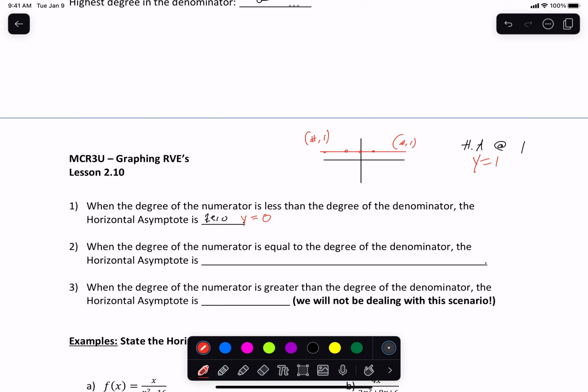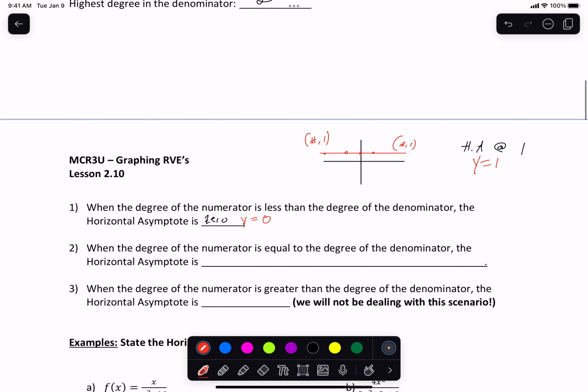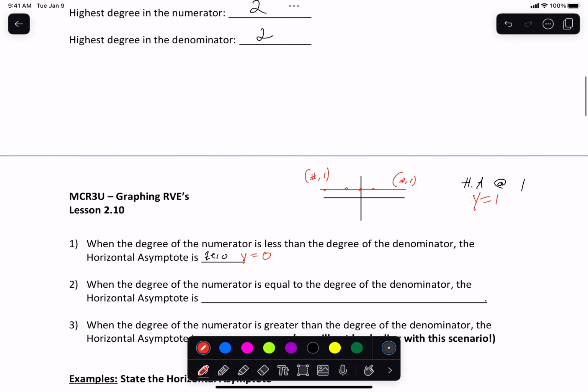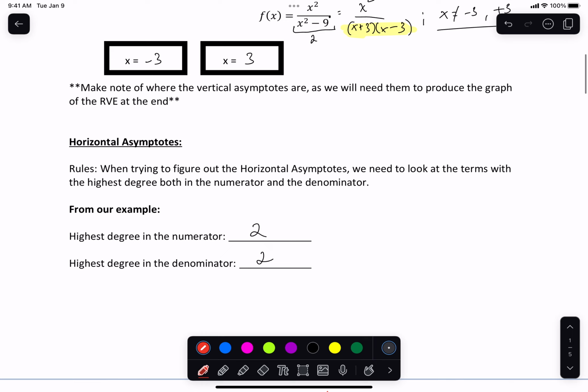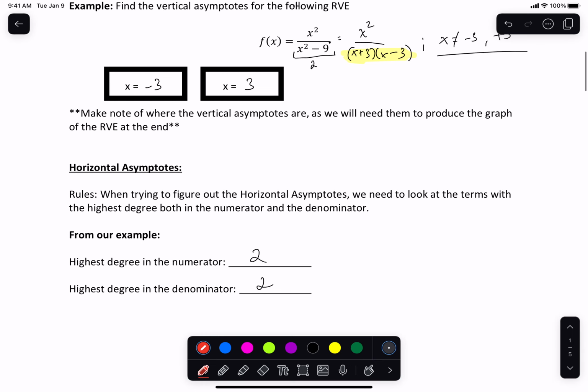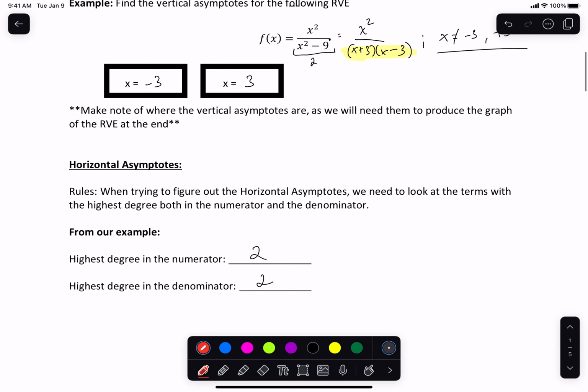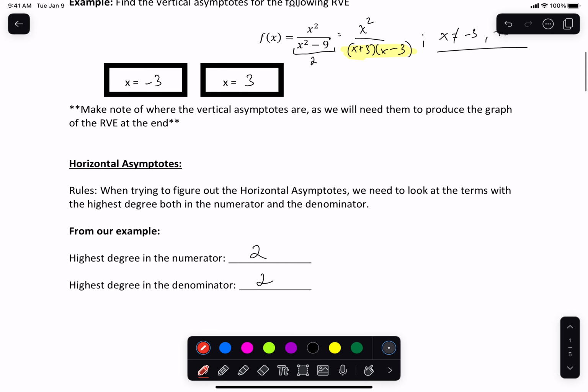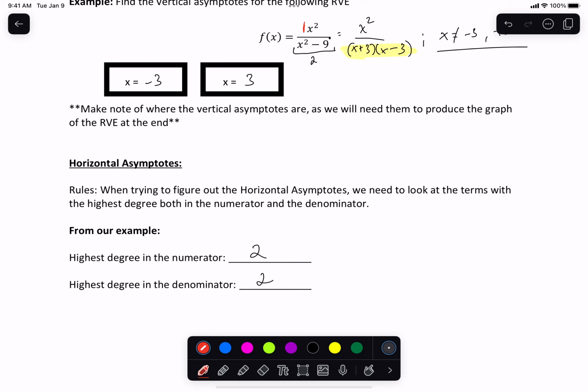When the degree of the numerator is equal to the degree of the denominator, the horizontal asymptote is, this one's a little more complicated. Is this or is this not the instance of what we have right now? So the degrees of the numerator and the denominator match. The coefficient in each of them is 1. Would everyone agree?